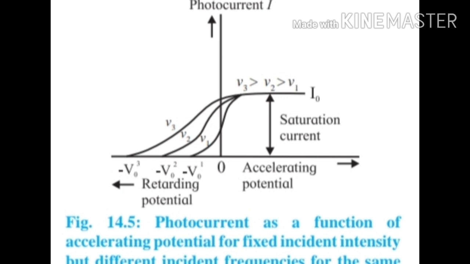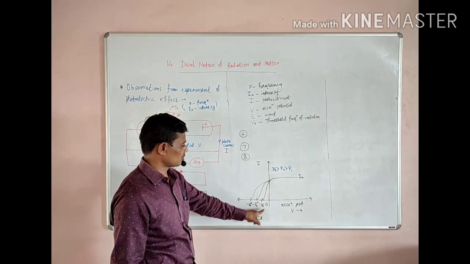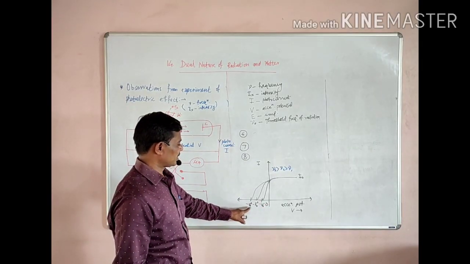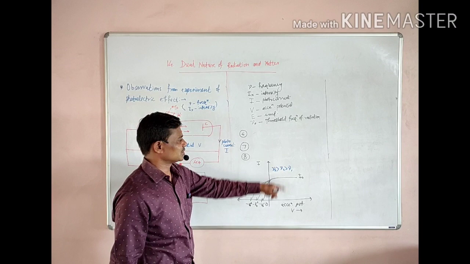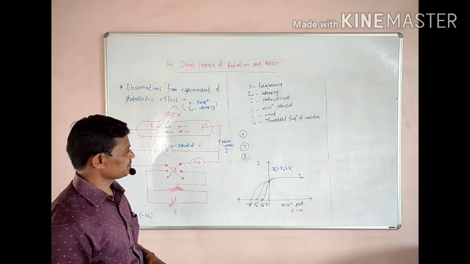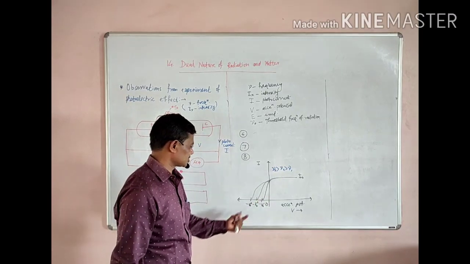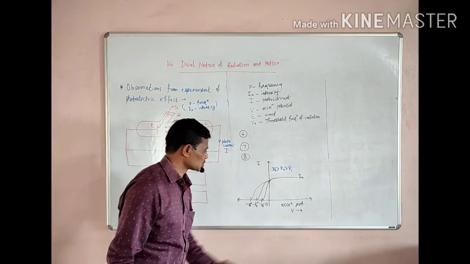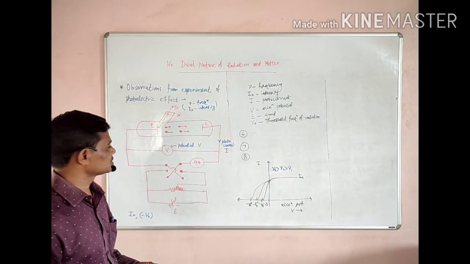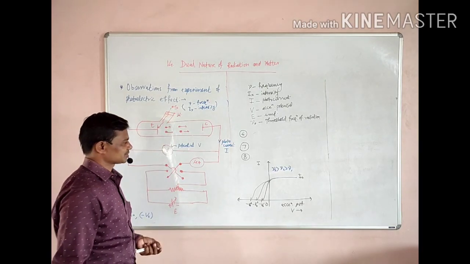These are the frequencies of incident radiation. If we go on increasing it, the stopping potential will go on changing, as shown in the graph: here minus V01, minus V02 and minus V03 for frequencies mu1, mu2 and mu3. These are the frequencies and these are the stopping potentials related to these different frequencies.